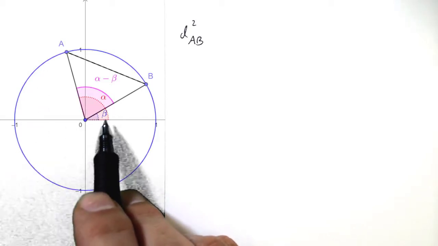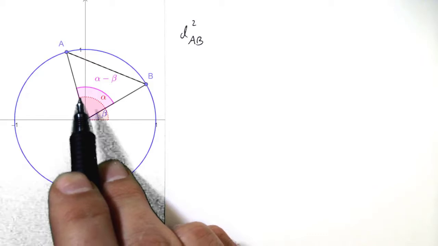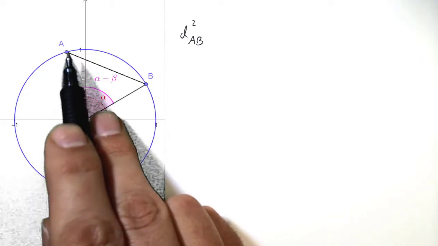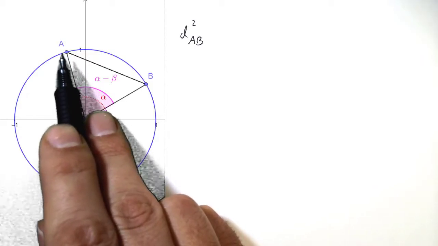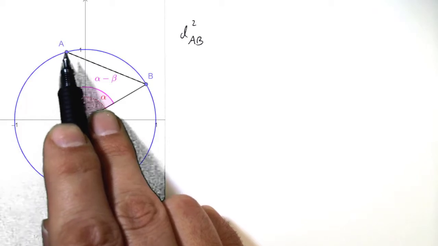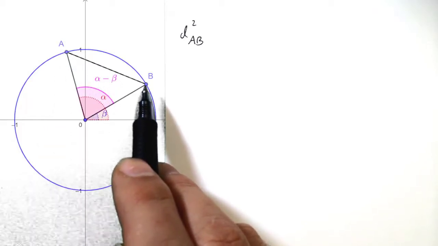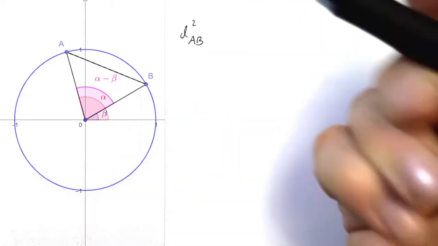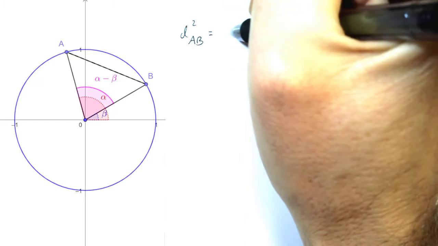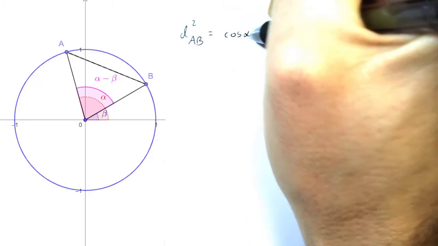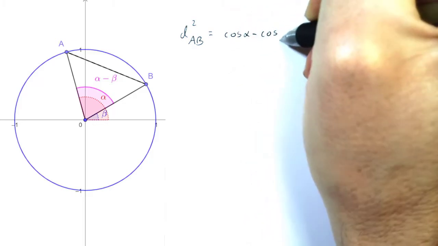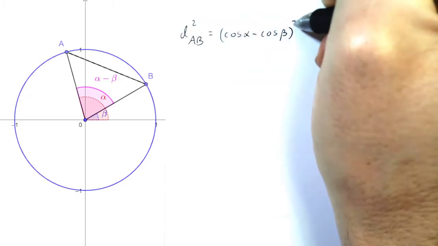If you take the cosine of the angle, in this case, alpha, I'll take cosine of alpha to get the x-coordinate of A, and cosine of beta to get the x-coordinate of B. So the difference of the x-coordinates is just cosine alpha minus cosine beta. And I'm going to square that.